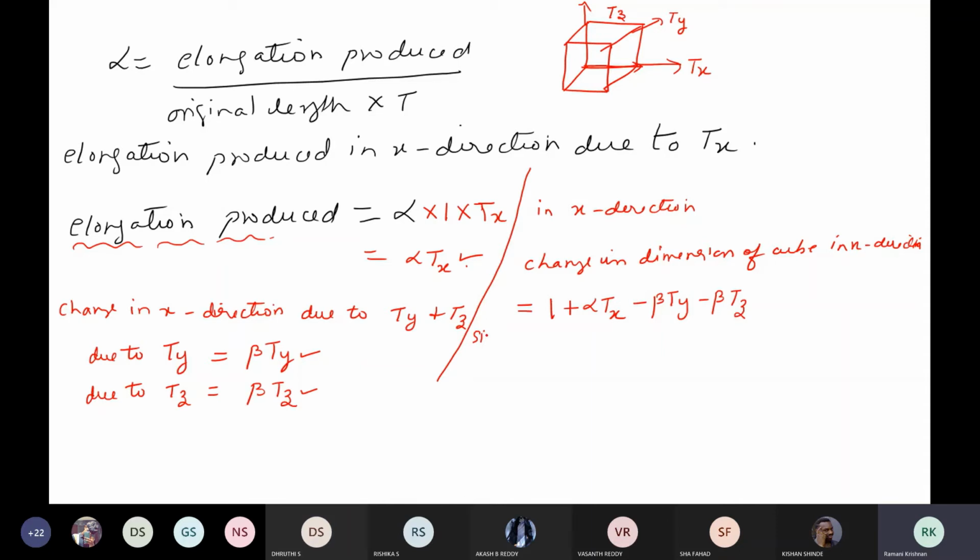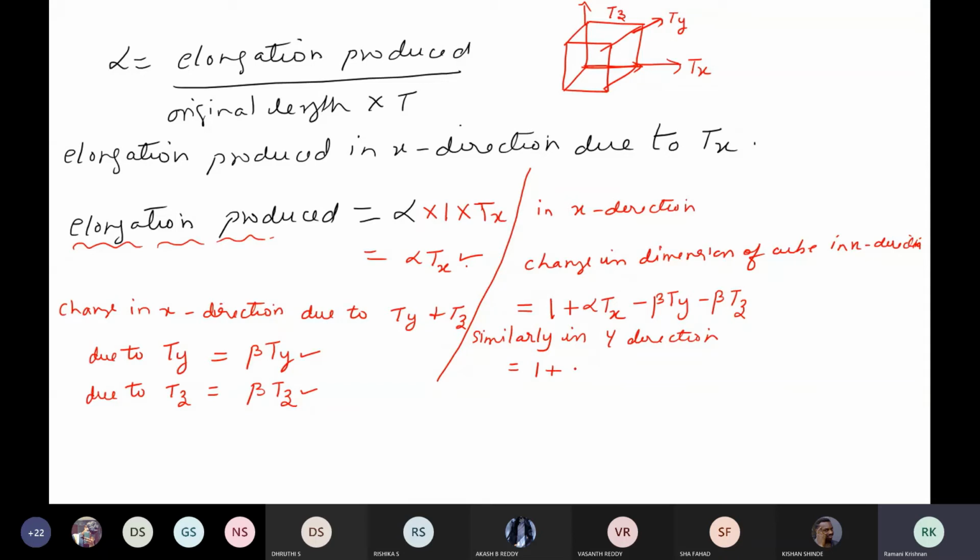Now tell me, similarly, in the y direction, what is happening? What should I write? What is the change taking place in the y direction of the cube? I'll write is equal to 1 plus. Let me see if you have clarity. Now tell me, 1 plus in the y direction.